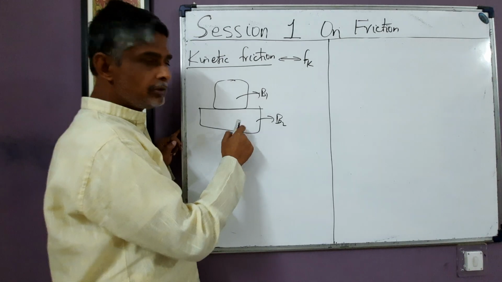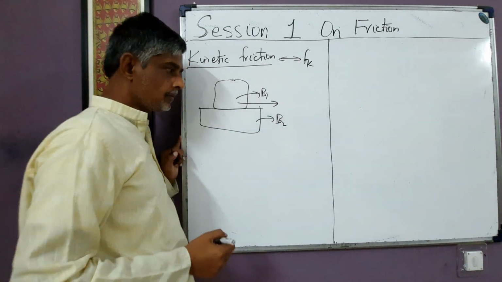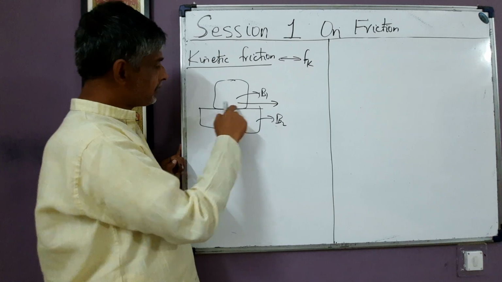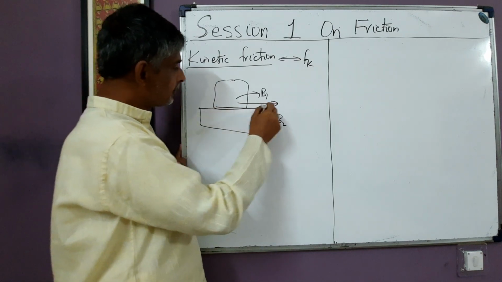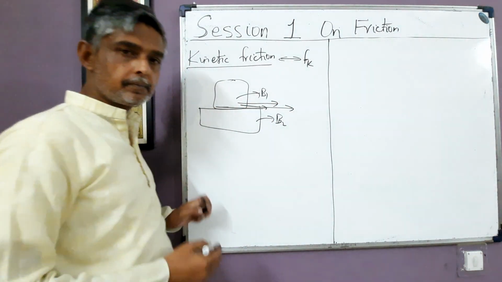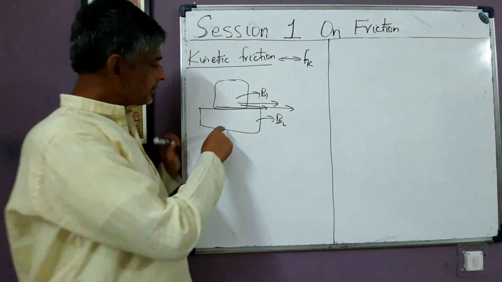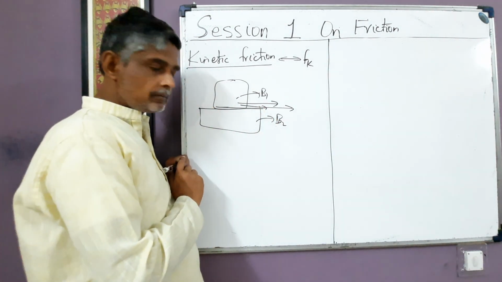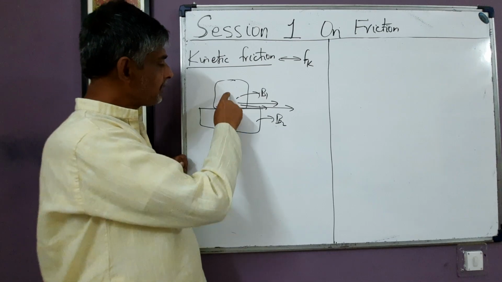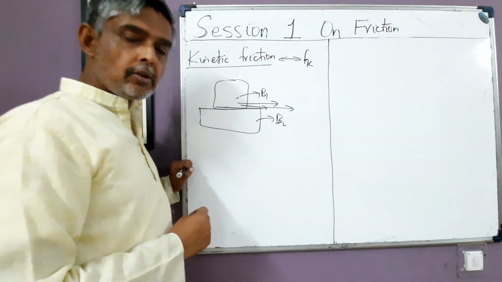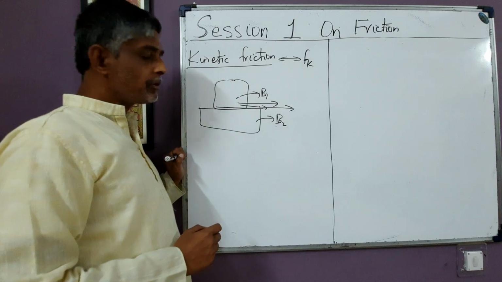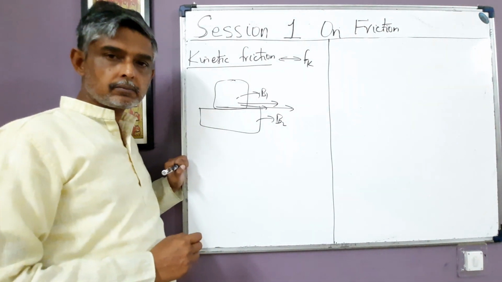Suppose with respect to B2, B1 moves rightward. All the material points of B1 in contact with B2 move rightward. This means there is relative slip taking place between the two bodies at the contact points. In this case, bodies B1 and B2 exert equal opposite contact forces on each other, and the direction of the contact force is opposite to the direction of relative slip.